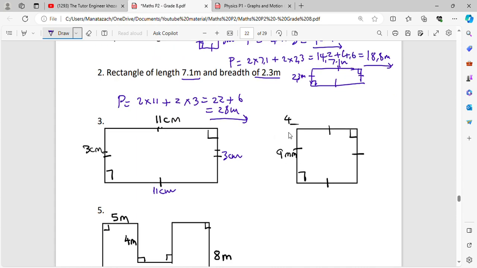And then question 4 is the square with each side being 9 millimeters. So the perimeter would be 4 times 9, which is going to be 36 millimeters.